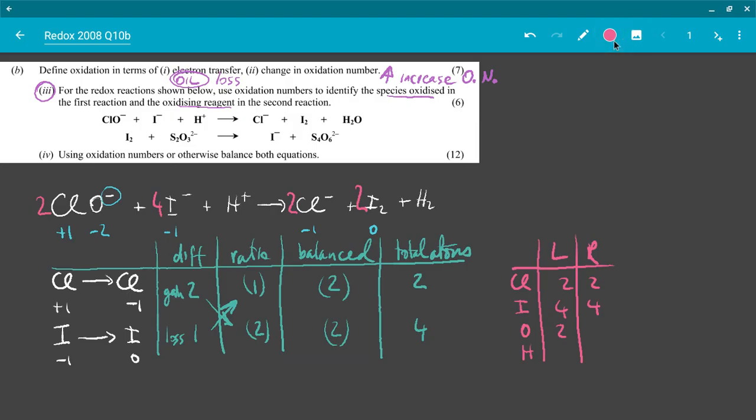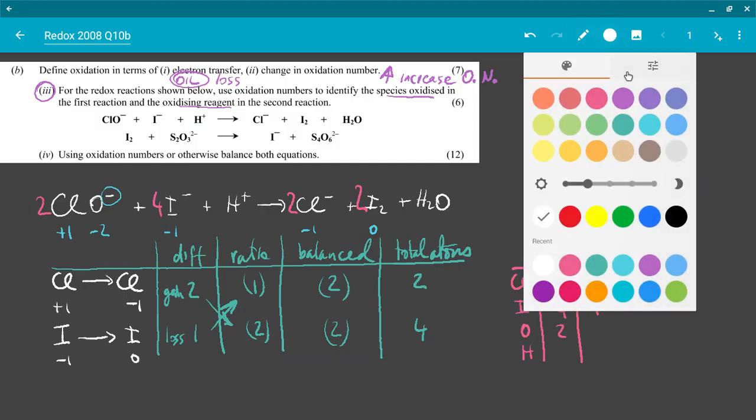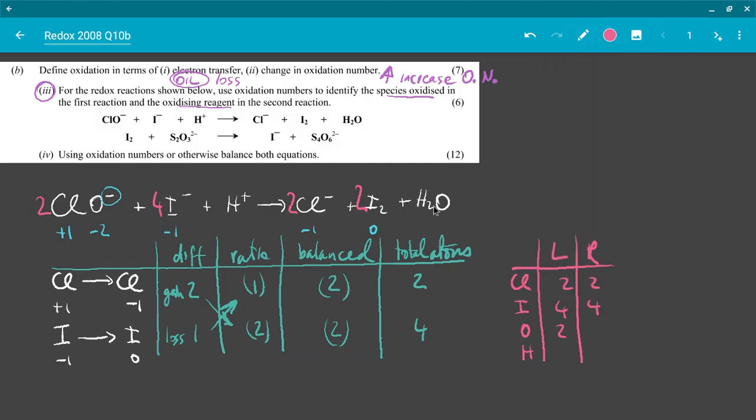I'm missing an oxygen. Did I delete that, or did I not write it? I'm not sure. Okay, so I need 2 on the right as well. And that alters my hydrogens. 2 by 2 is 4. I've got 4 hydrogens there, so I need 4 over here. Okay, that's balanced.